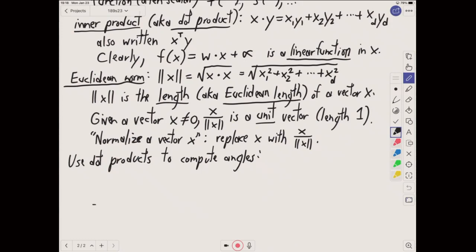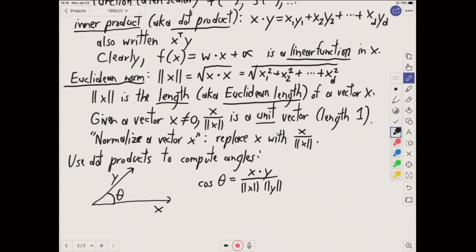And so if I have a vector x and another vector y, and I want to know the angle at which they meet, then there's a standard formula for this, which is that the cosine of that angle is the inner product of x and y divided by the length of x and divided by the length of y.